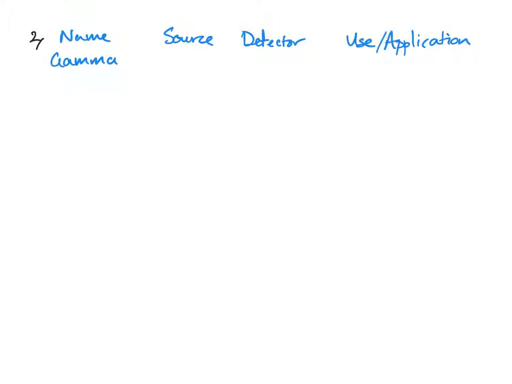So sources for gamma rays. We've got stars, some stars, and nuclear decay are the kind of two main sources we came up with. For a detector, I'm having to write quite small to fit this in.